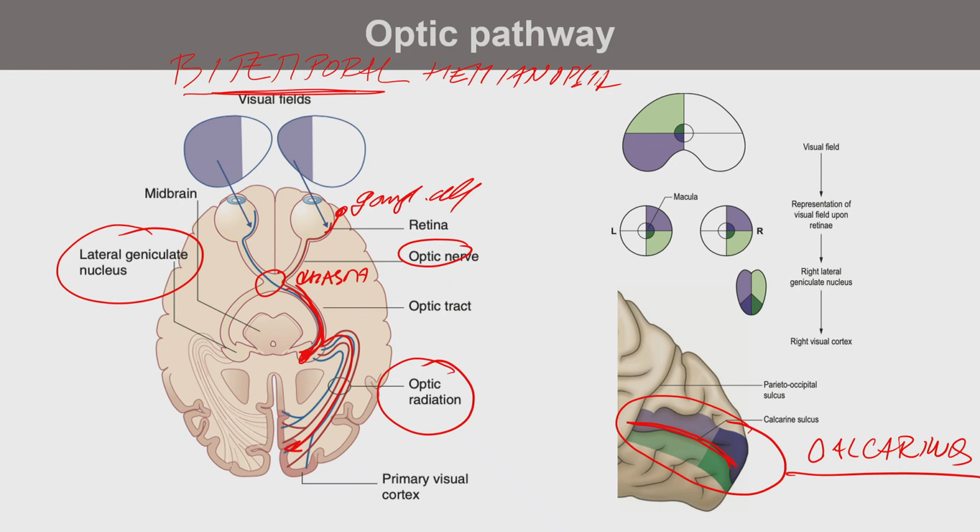The calcarine sulcus is dividing the visual field into two regions. And also here, it's a vice versa projection. The upper part of the visual field is projected to the lower part of the calcarine.